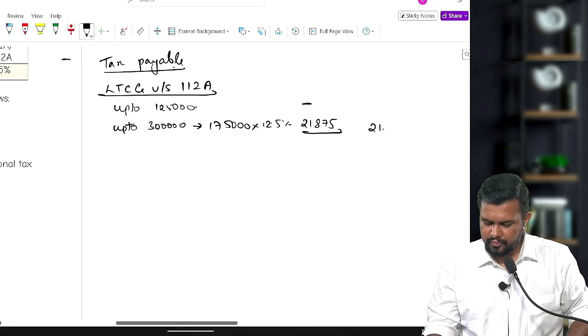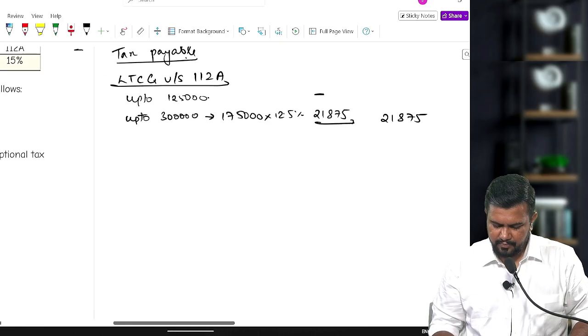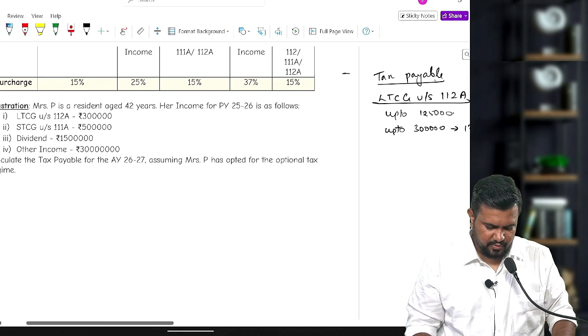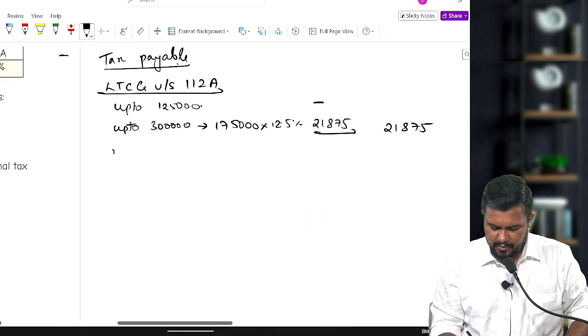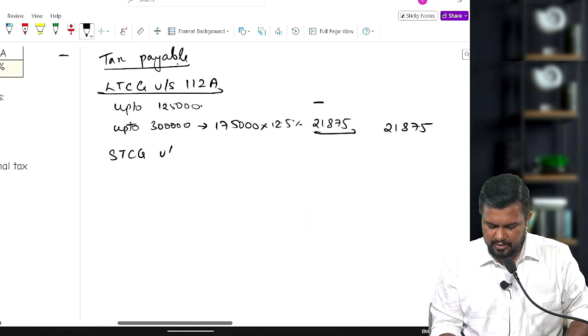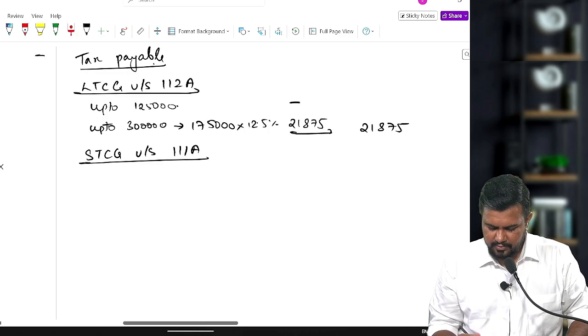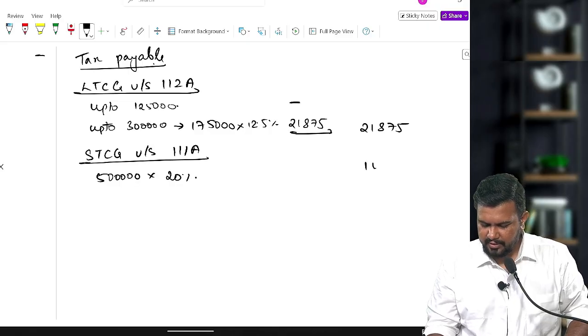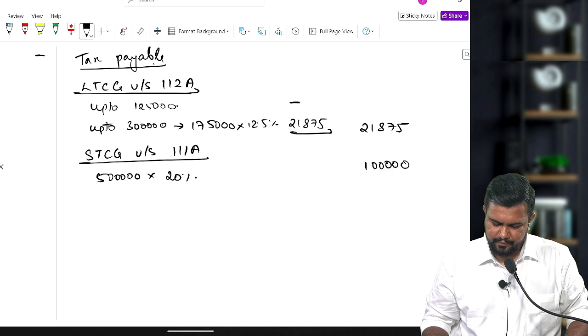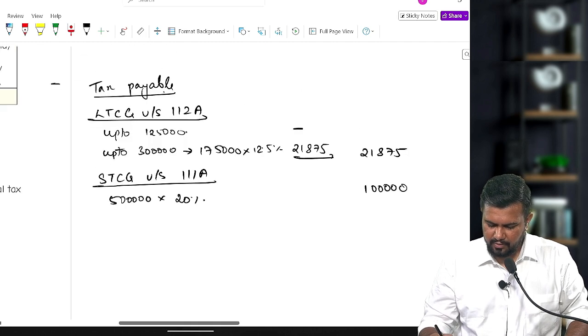Write 21,875. Then the second one is STCG of 5 lakhs. STCG under section 111A is 5 lakhs multiplied by 20 percentage, which is 1 lakh. Directly we can write it in the outer column.